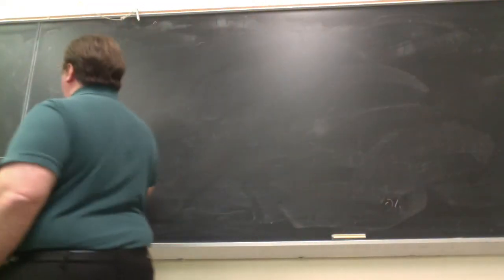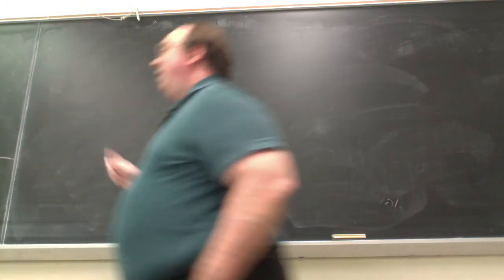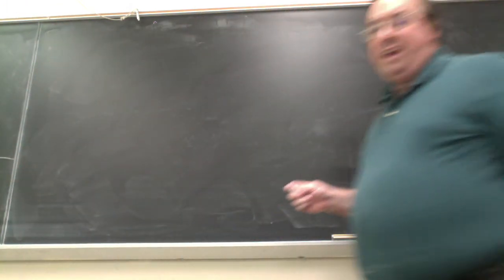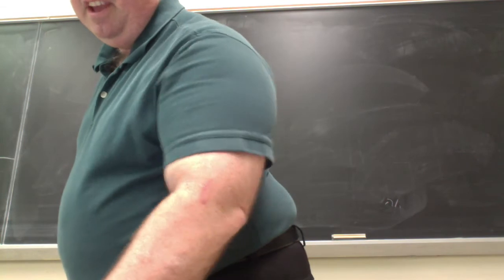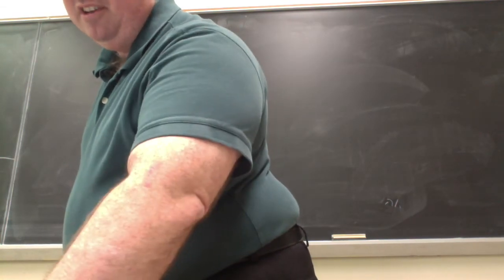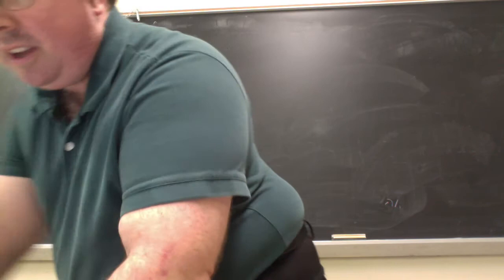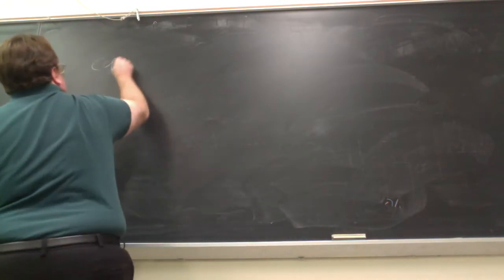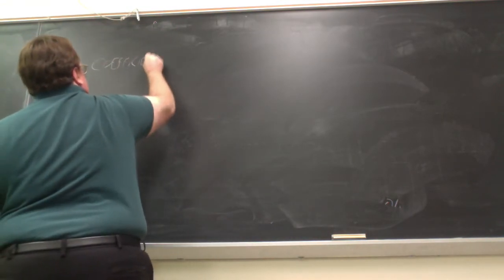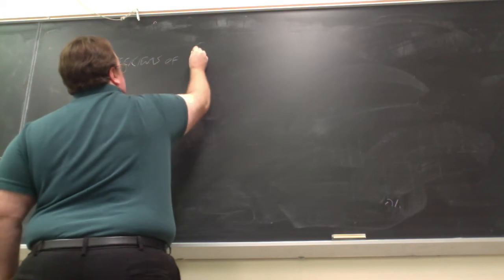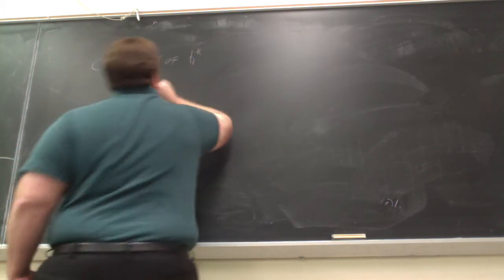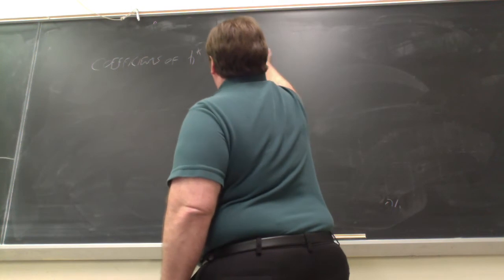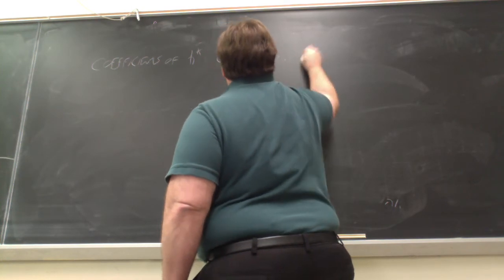Okay. So what happens is I'm going to write down the coefficients of each power of h in there. So the coefficients of h to the k, or actually h to the k minus 1, are C0, C1, up to Ck.